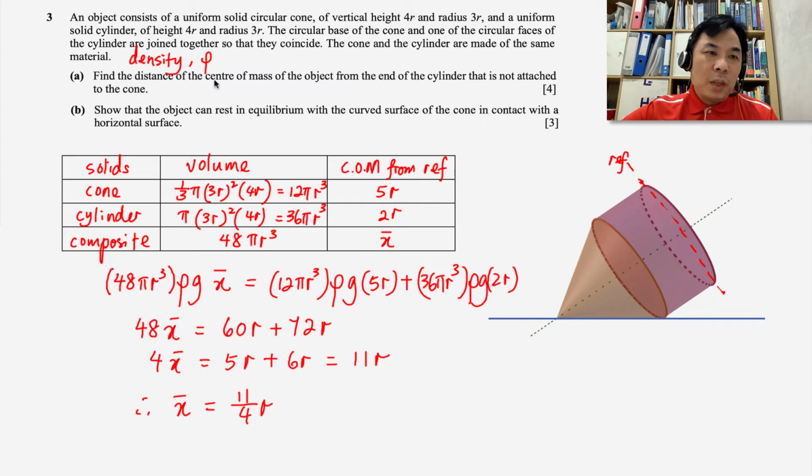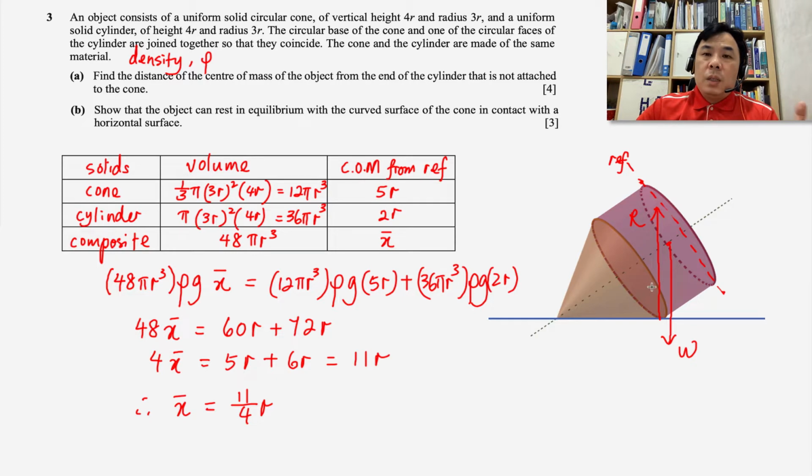I might want to make it more dramatic in this case. So the line of action should be acting somewhere like this. Okay, so this is the line of weight, and we know that when the solid is placed in such a position, the maximum position of the reaction force will be somewhere here. This is where the reaction is located.